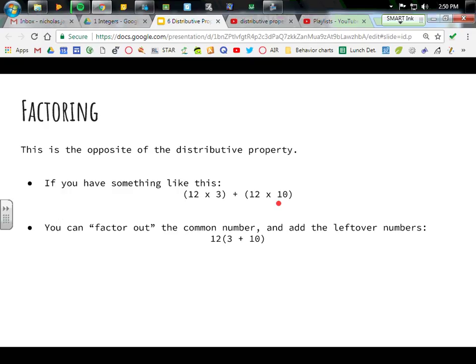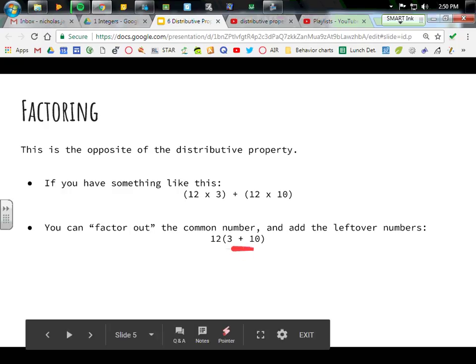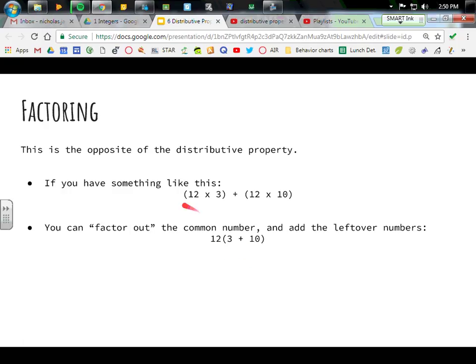That is our common factor between these two terms. We realize that both of these terms are being multiplied by 12, so we factor out the 12, and then the two numbers that are left over we can add together in our parentheses. All right, so that's factoring.